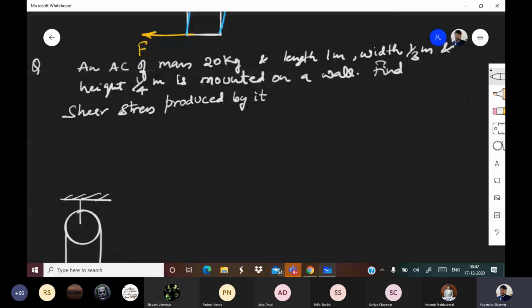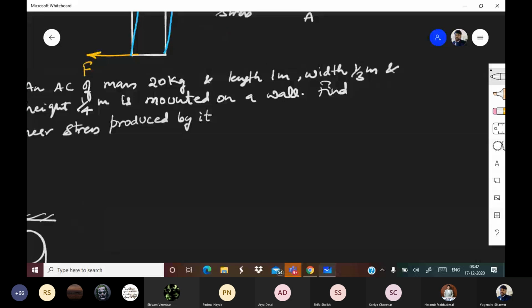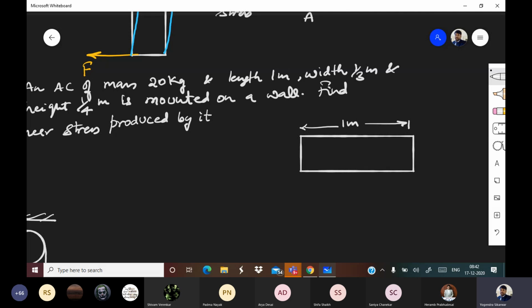F will be mg, and the AC will be somewhat like this. This is 1 meter, it is given. Then the width is how much? 1 by 3.